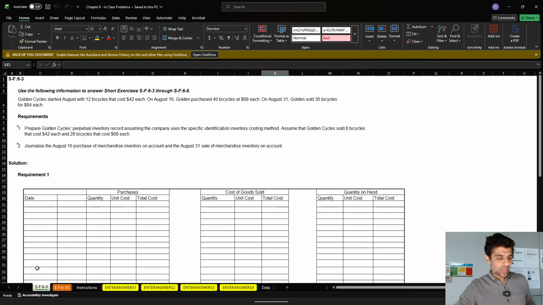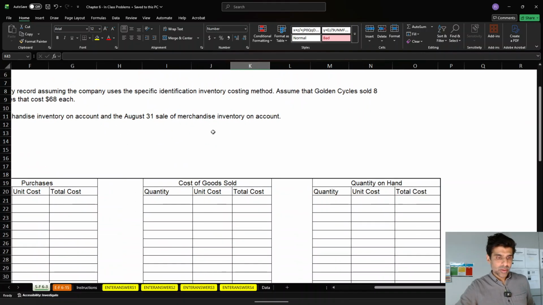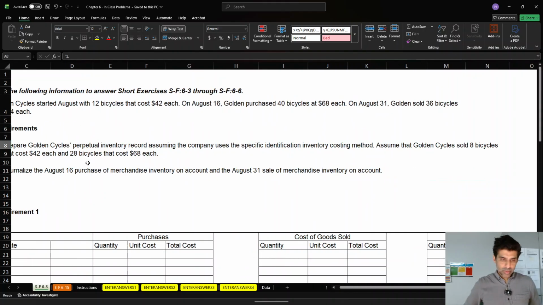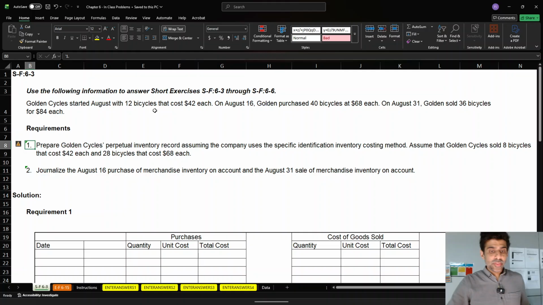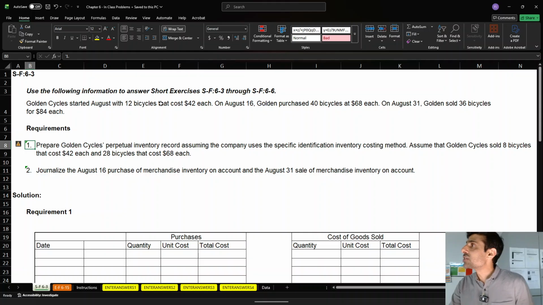It's the first tab, 6-3. This one, you're going to be asked to do the journal entries, and it's giving you information also on the revenue. So you can do the full sales transaction. You can do the revenue.